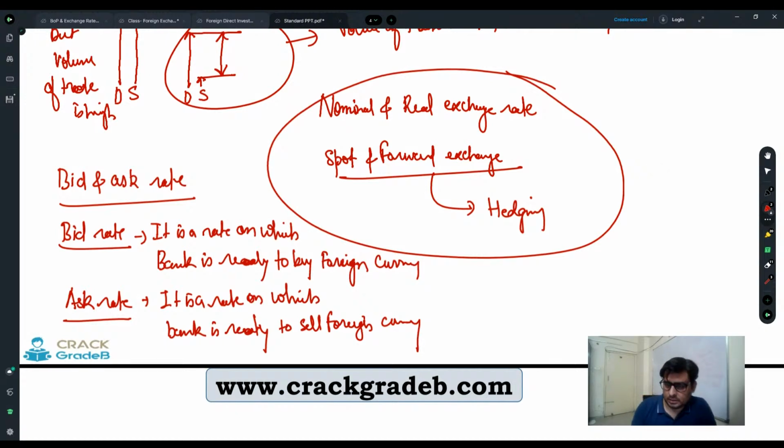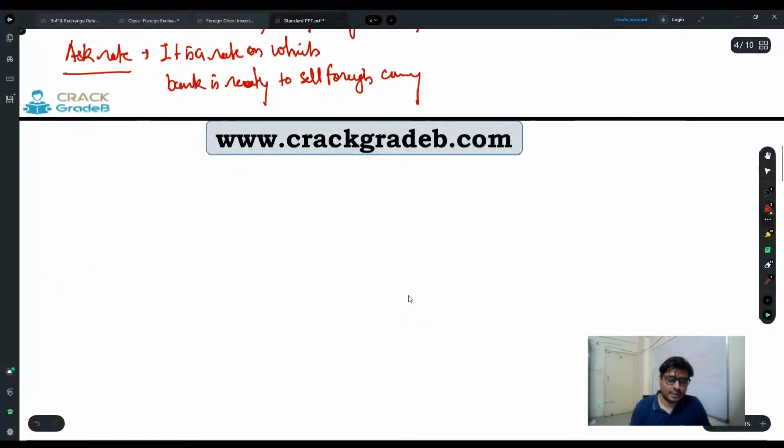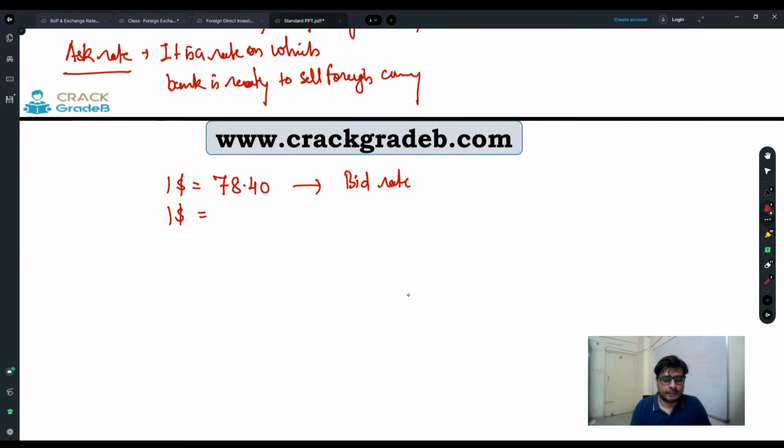Here sometimes students get confused, and the confusion is because if you closely see, $1 is equal to 78 rupees, suppose 40 paisa, bid rate. $1 is equal to 78 rupees 58 paisa, sell rate.